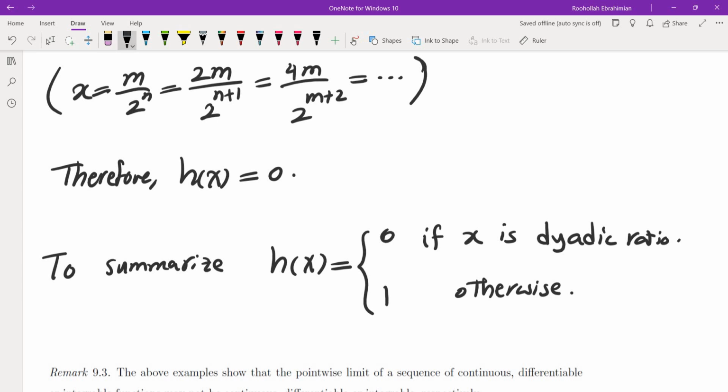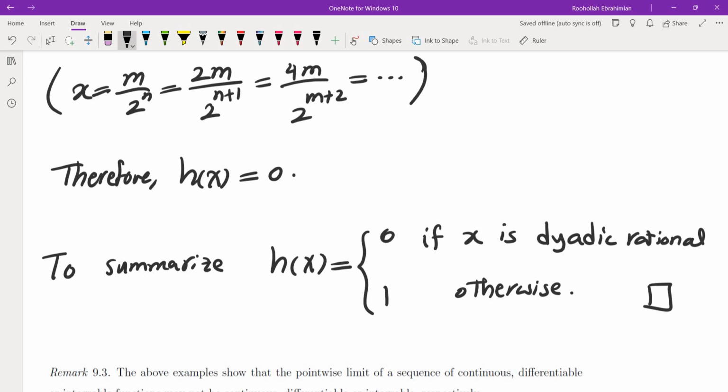It would be 1 otherwise. And if it is not dyadic, meaning either the number x is irrational, or it is rational but the denominator is not a power of 2, so it is something like 3/10, there is a 5 at the bottom, or 17 over 18, something like that, for those, the limit would be 1. For everything that is dyadic, the limit is 0.